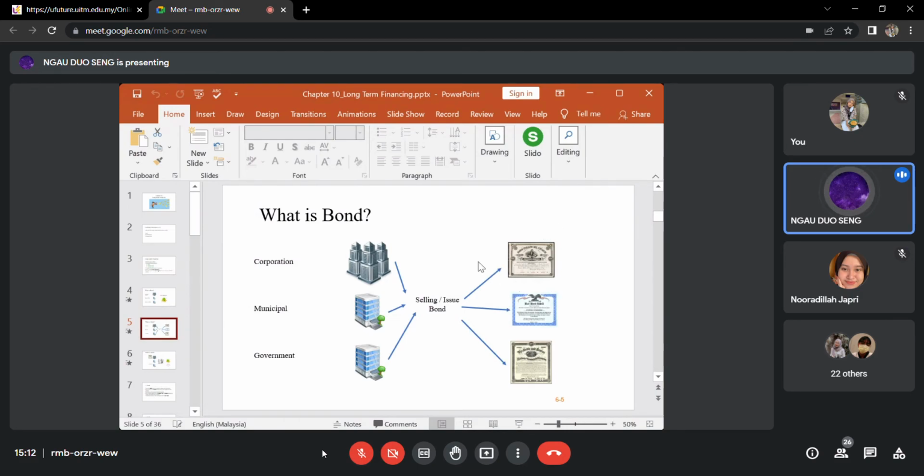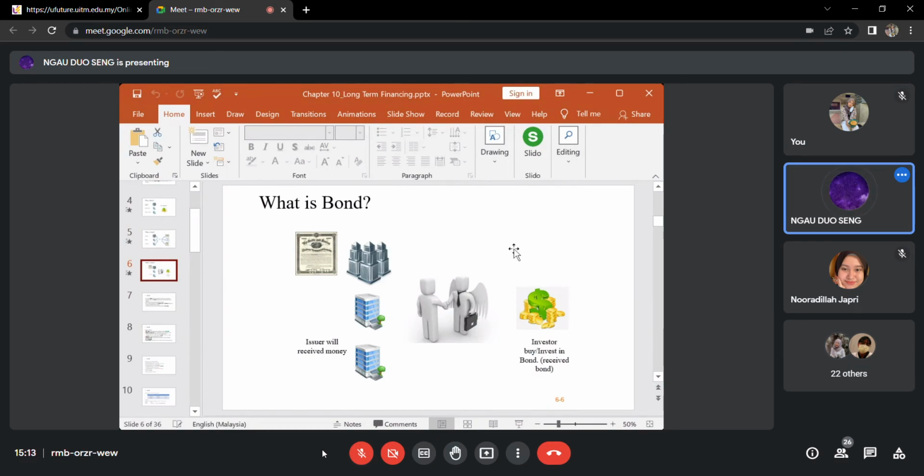So dia punya certificate can be different design. Okay, so dia jual. You can see corporate, dia jual kertas. Right, dia jual kertas tapi ada orang nak beli. Right? So how they do it?